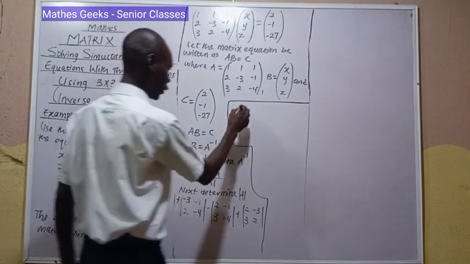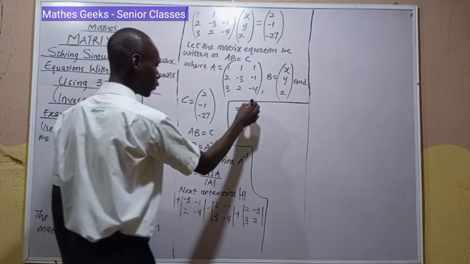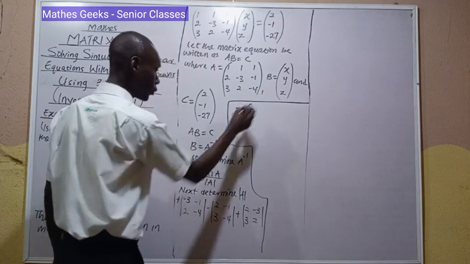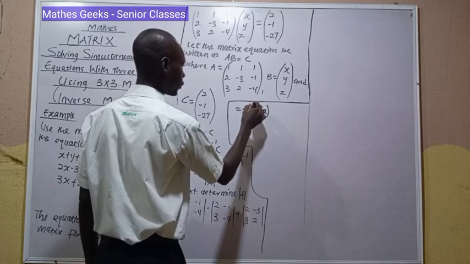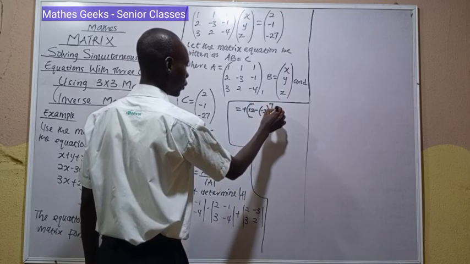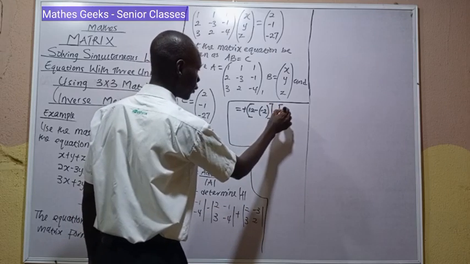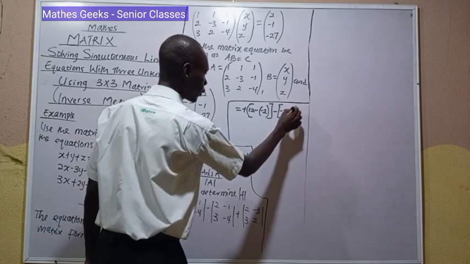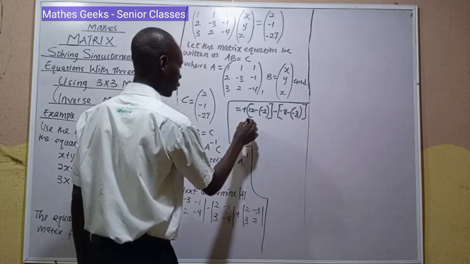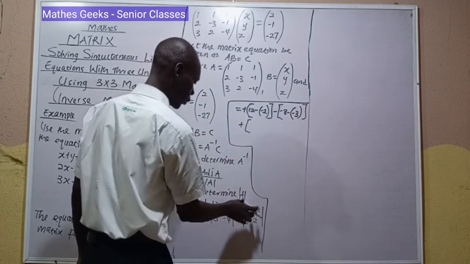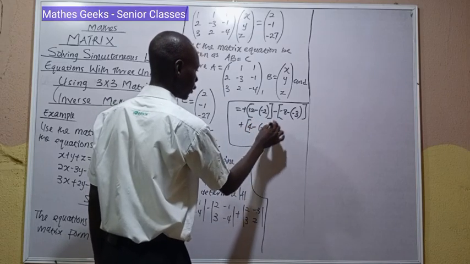So let's determine the value of this. This will equal plus minus 3 times minus 4 is plus 12, minus 1 times 2 is minus 2, minus 2 times minus 4 is minus 8, minus 1 times 3 is minus 3, and plus 2 times 2 is 4, minus 3 times 3 is minus 9.